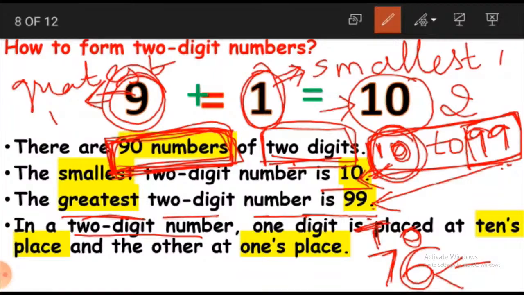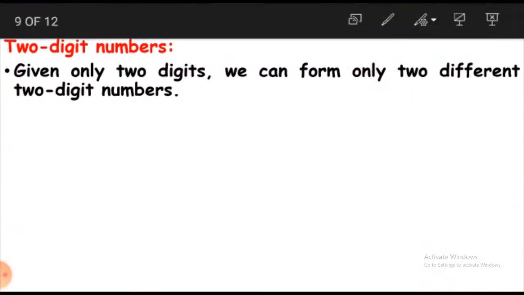We have looked at 1-digit numbers and 2-digit numbers. Now what comes next after 2? Exactly right, 3. We will look at 3-digit numbers. But before that, we will form some 2-digit numbers. If someone gives us 2 digits, how many 2-digit numbers can we form?